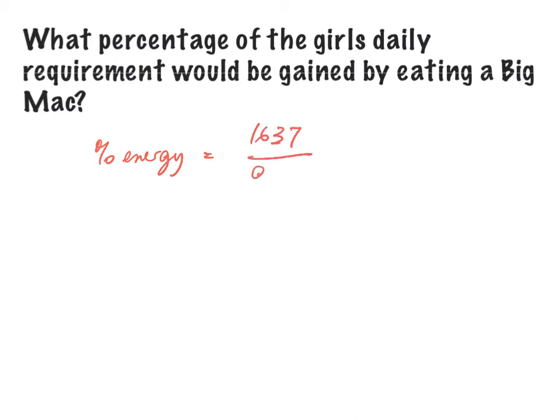And the girls is 9,000. I'm going to use 9,000 because I can't see the values. I don't have them with me. Times 100. Oops. Again, rushing. Don't rush calculations. Good lesson for you from my mistakes.